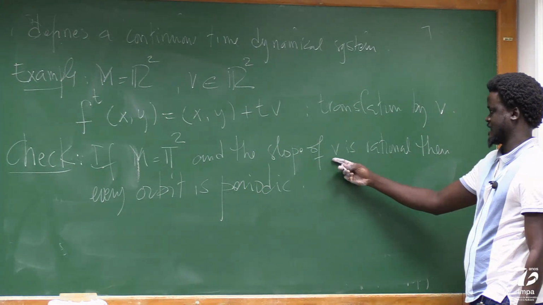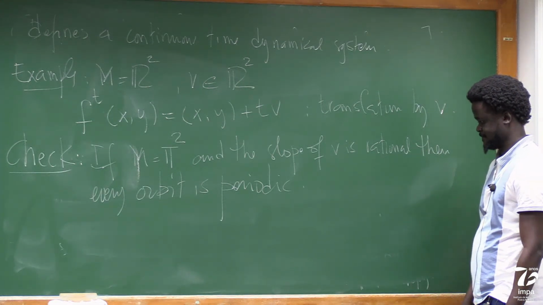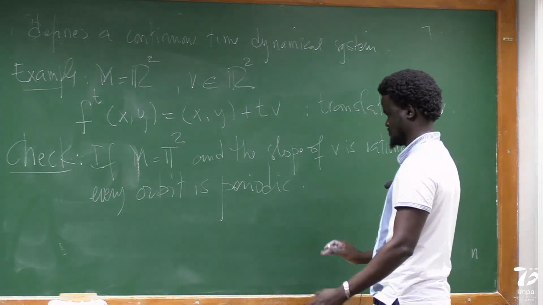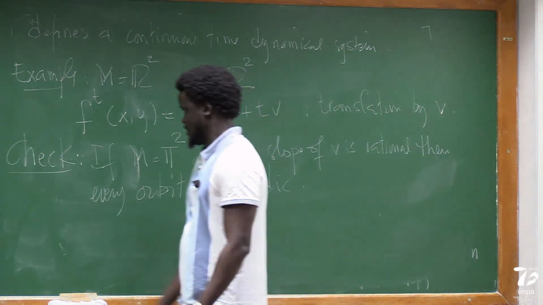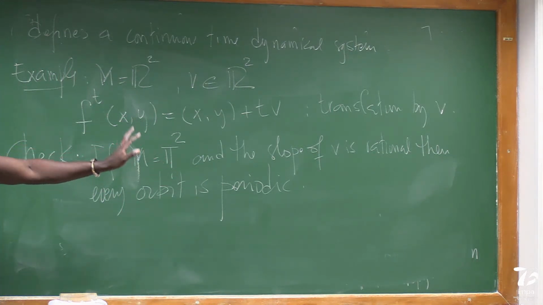So if you have a rational slope, every orbit is periodic. You can check it. In the case when V has irrational slope, we will see during this lecture that every orbit is dense. And that system satisfies the unique ergodicity property that we will see in chapter 3.